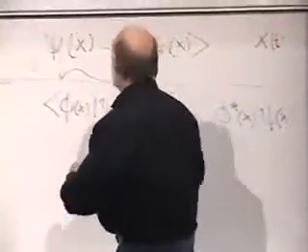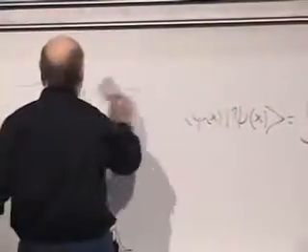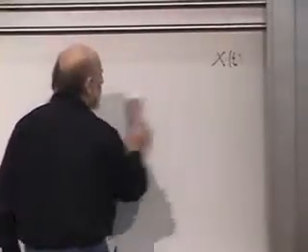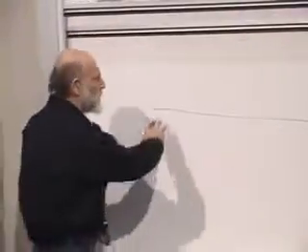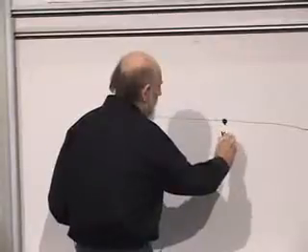So let's plot what psi has to look like. Psi is a function which is 0 everywhere except at x equals lambda. There's x equals lambda right there.